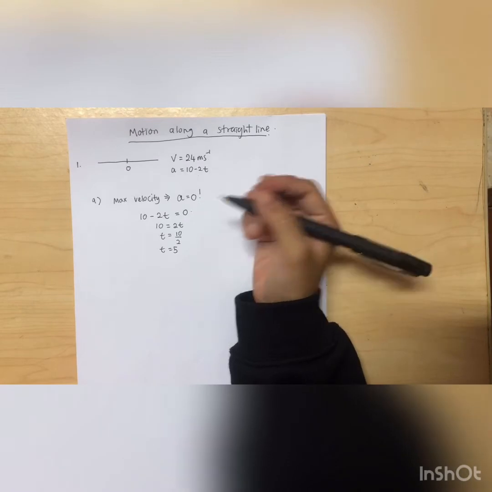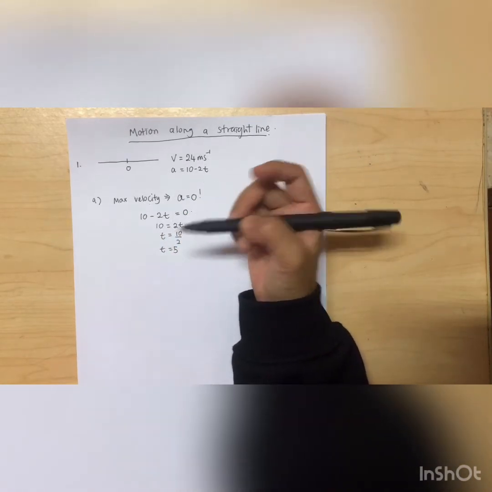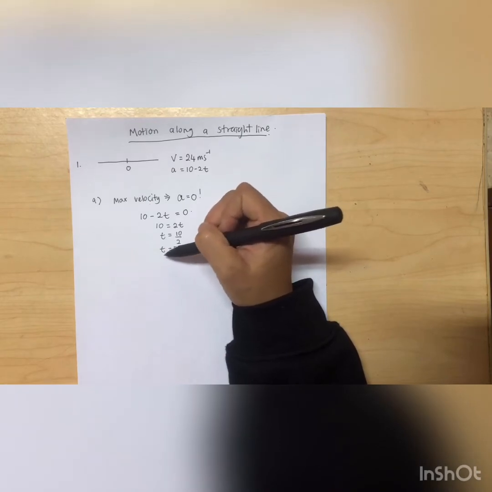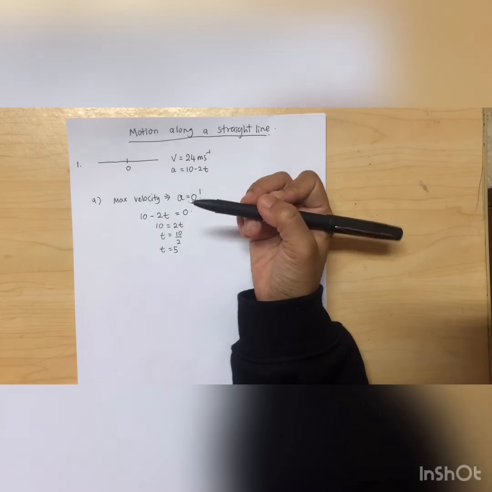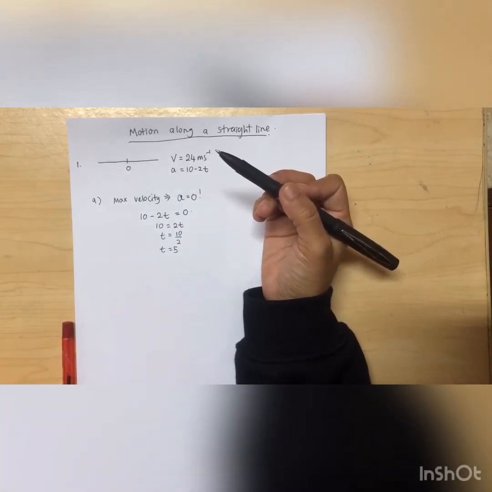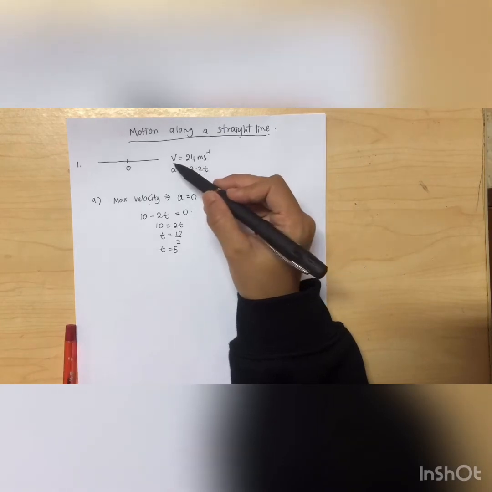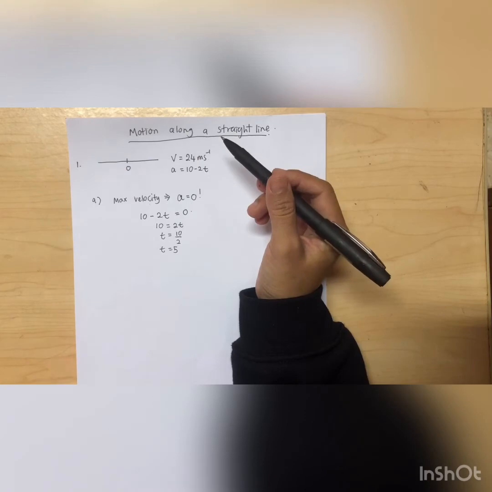First thing first, if we want to find the maximum velocity, we have to find t. After we get t, we can get the velocity. But then we don't have the equation for velocity. Do you remember how to get the velocity?